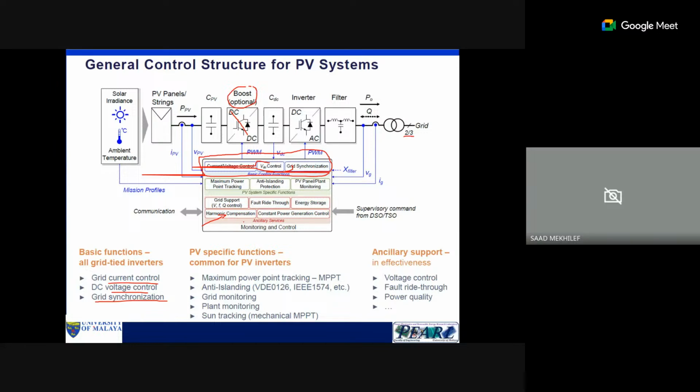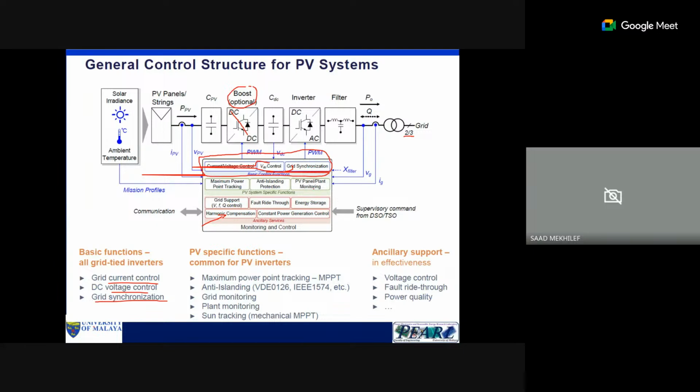And then constant power generation control. It can also be integrated inside the grid connected PV system, where you ensure that there is constant power supplied, especially when it's needed. And then we have the monitoring and control system.